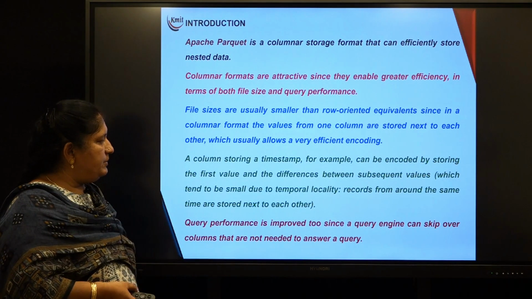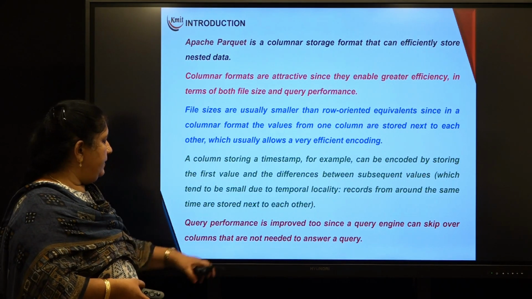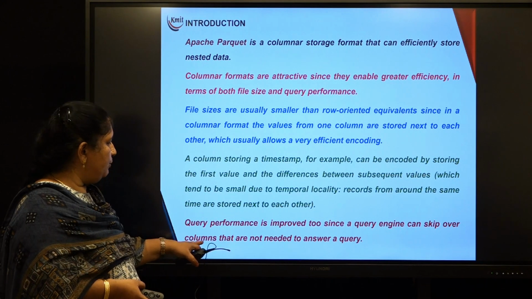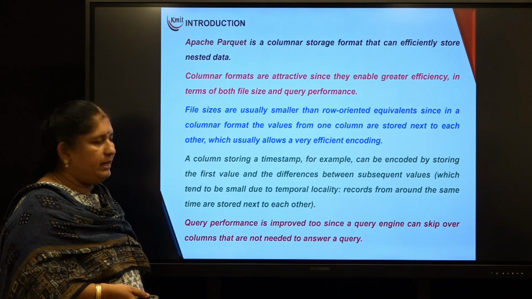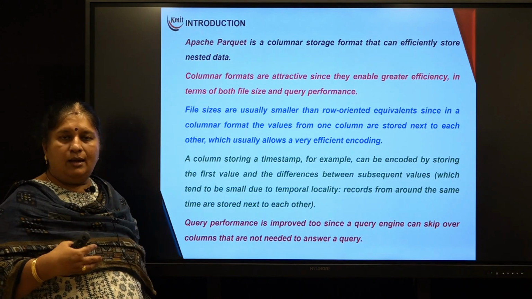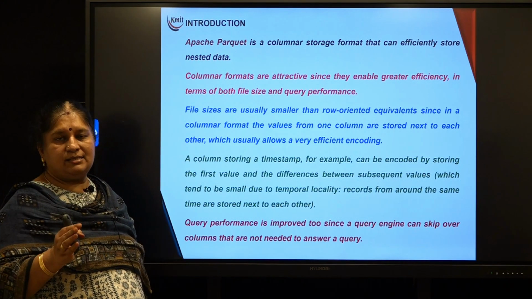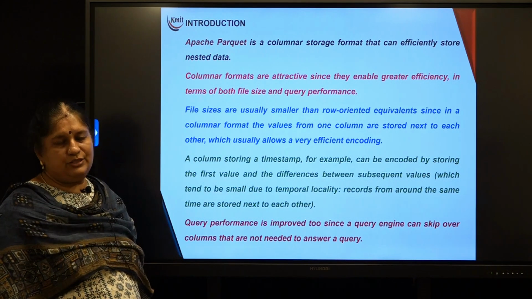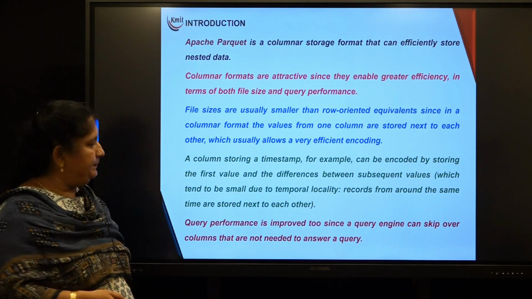And query performance is also improved because the query engine can skip over columns that are not needed to answer a query. You are trying to maintain it in columns, and whenever you are trying to access the data, it can skip over the columns which are not part of the query answer.